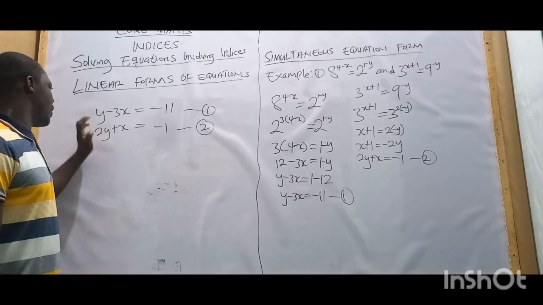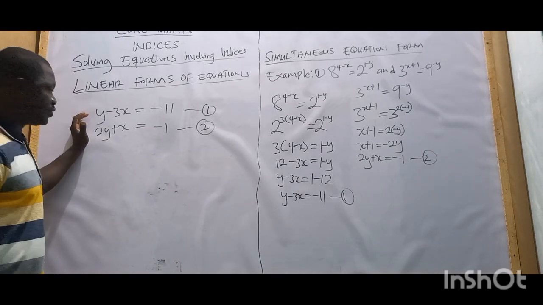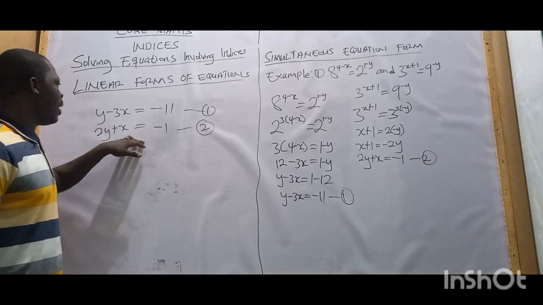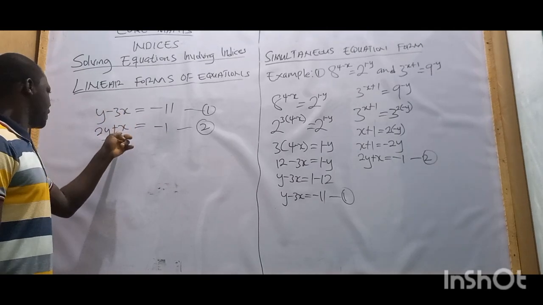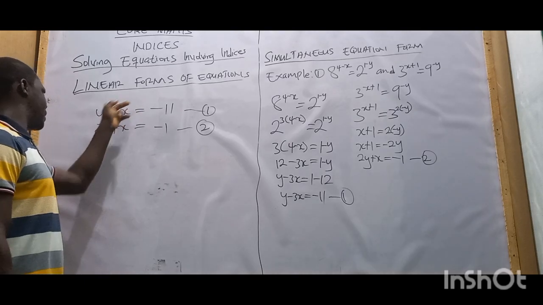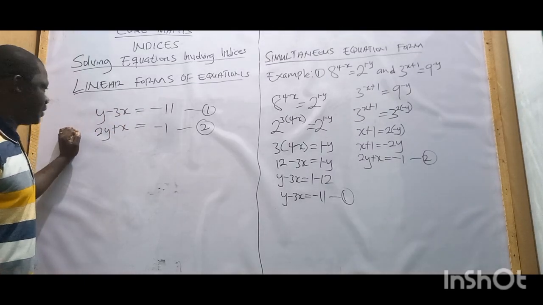So I prefer using the what? The elimination. So I'll multiply my equation 2 by what? 3. So that here will be positive, here will be negative 3, here will be positive 3. It can cancel that, so that here will be what? 0. Then I'll work with the what? With the y. Right. Okay.